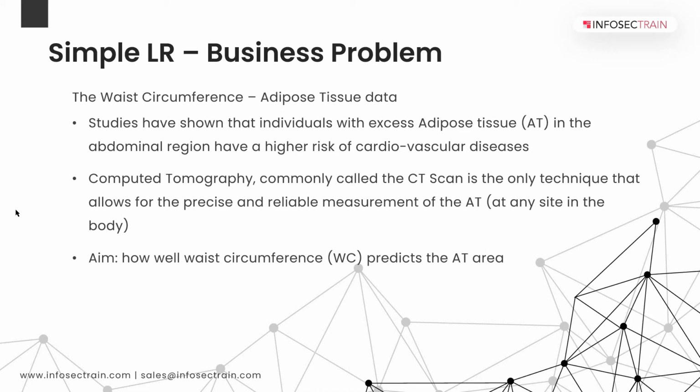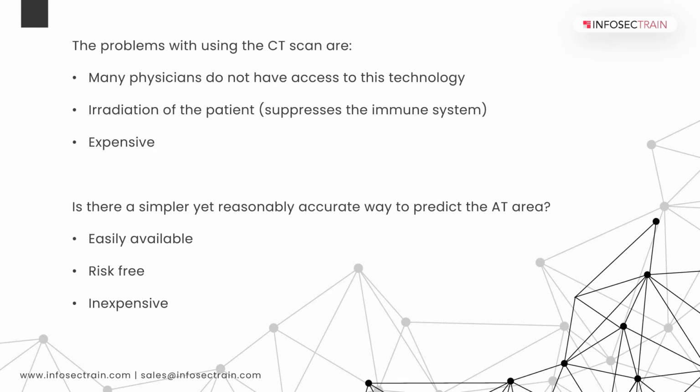With the help of a CT scan we can find out a precise and reliable measurement of the adipose tissue at any site in the body. But there are some drawbacks with using the CT scan: many physicians do not have access to this technology, and there is irradiation of the patient.